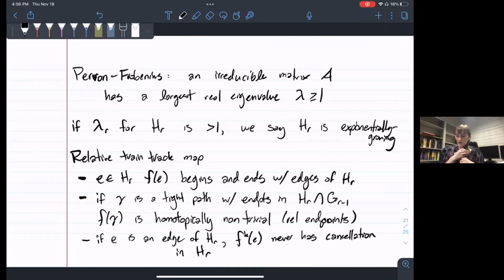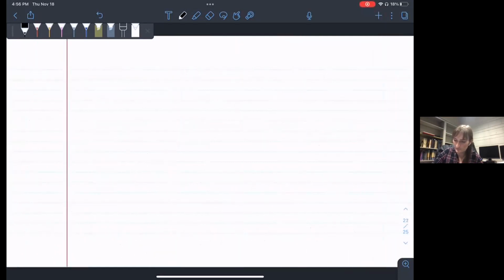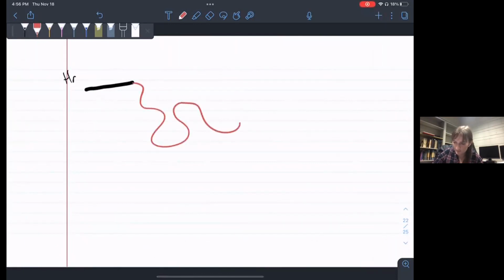So what does this net you, these three things? Well, it says if I have an edge of an exponentially growing stratum H_R, then the edge path f to the k of E looks like this. You have stuff that happens in H_R, and then you have stuff that happens in G_R minus 1.